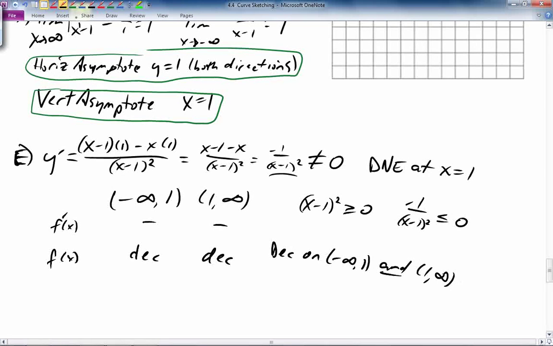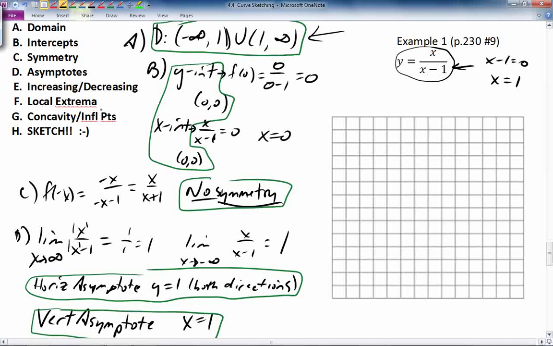And again, it wouldn't really be accurate to say the function's decreasing everywhere, or decreasing on all real numbers, because it's not defined at x equals 1. So we need to make that clear, even when we talk about intervals of increasing and decreasing. Well, now I've gotten way down from my summary up here. Next thing was local extrema.